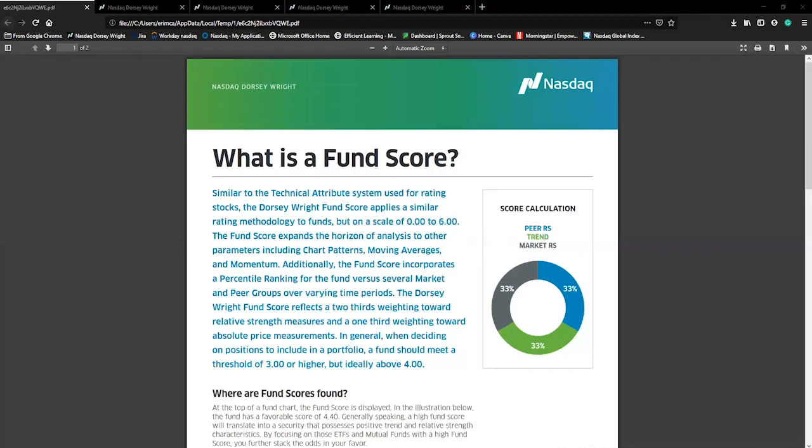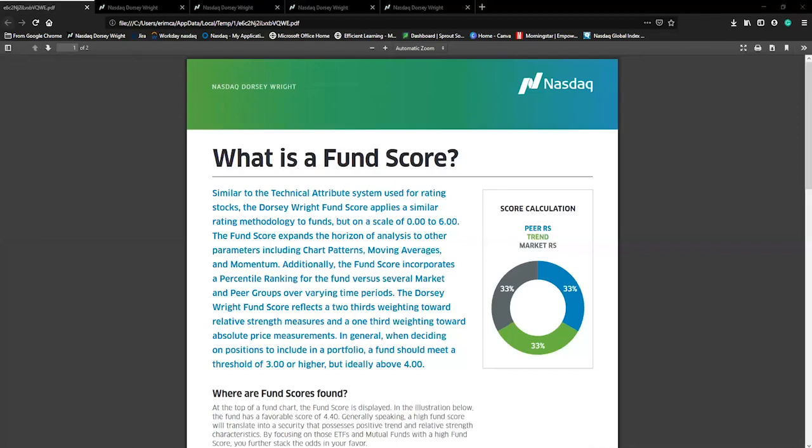Generally, the Fund Score has kind of breakdowns to it. A third of it is price trending, and then two-thirds relative strength. There's an overweighting to the relative strength aspect. Half of that two-thirds, or you could say one-third of Fund Score, is peer analysis. How strong am I against peers? And then the other important part is how strong am I against the main marketplaces that I compete in.